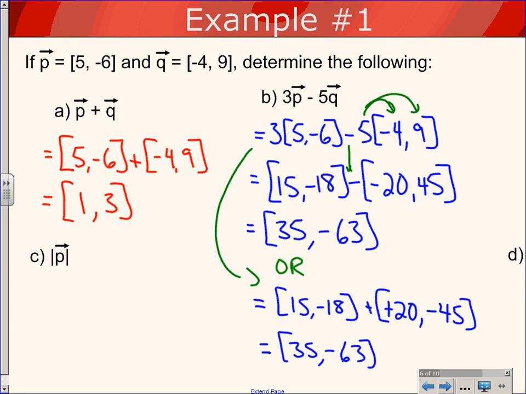Can we figure out the magnitude of vector p? So vector p would look, well, let's do a little sketch. I'm going to get rid of some stuff here just so we have more space.